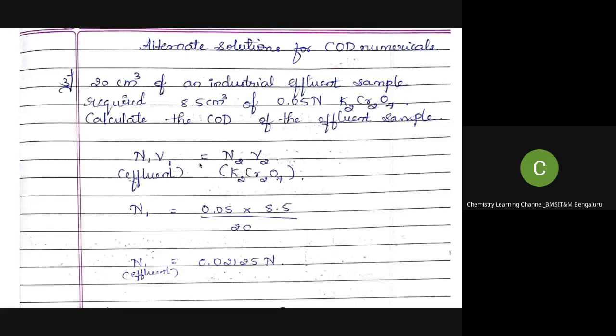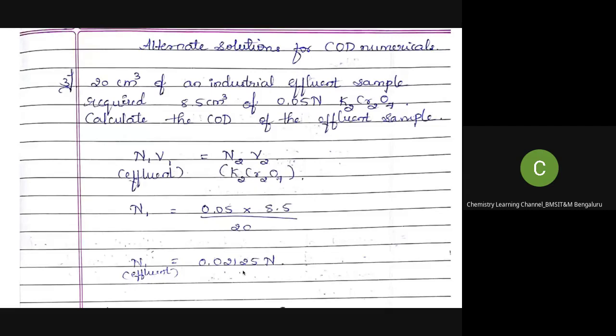So potassium dichromate normality is 0.05. Volume of potassium dichromate consumed for the oxidation of the organic matter in the effluent sample was 8.5 ml, and the volume of the effluent sample taken was 20 cm cube. So when we calculate this, we get the normality of the effluent sample as 0.02125 N.